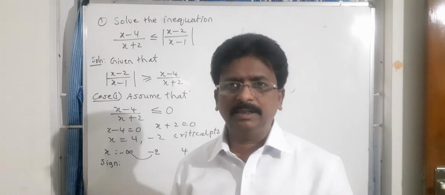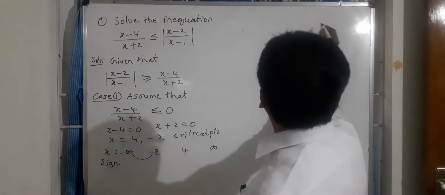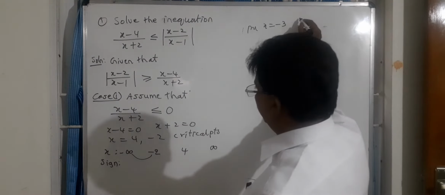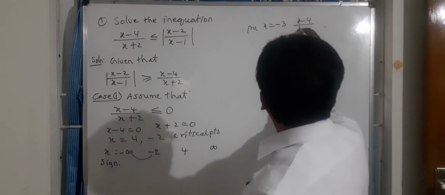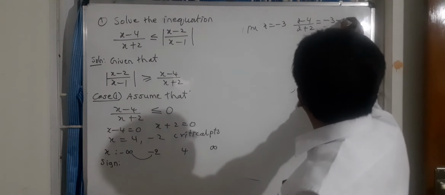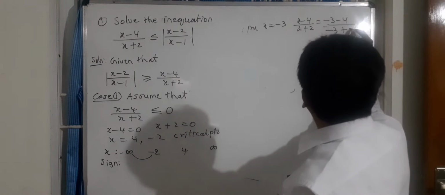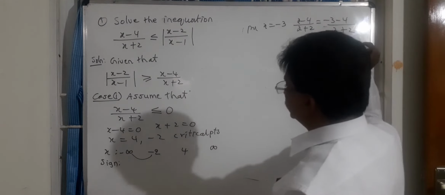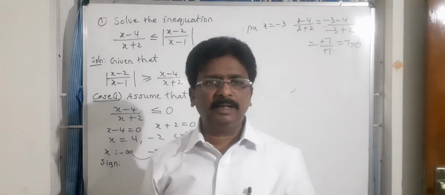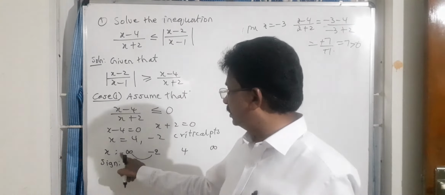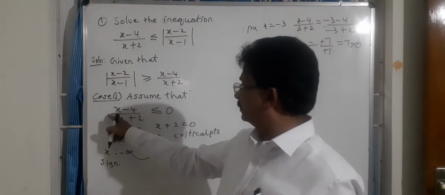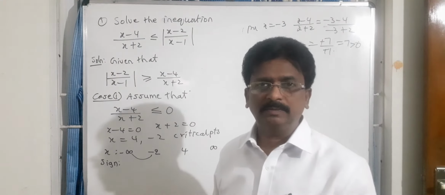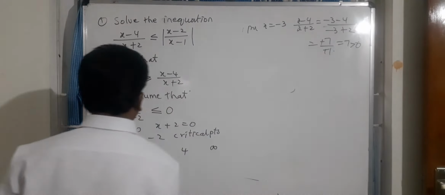So I will take x equal to -3, and in the rough work put x equal to -3 in (x minus 4) by (x plus 2), then (-3 minus 4) divided by (-3 plus 2), minus 7 by -1, 7 positive. We got the positive number. Therefore, in this interval, this expression sign is positive. The value of the expression is positive. Therefore, let us write a plus sign.